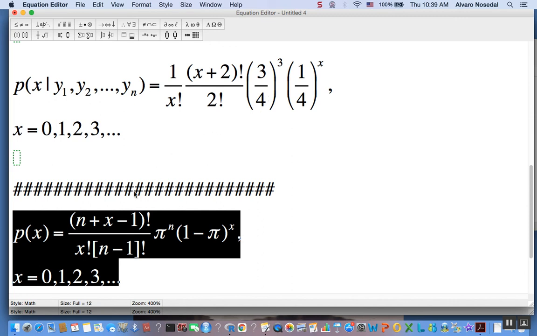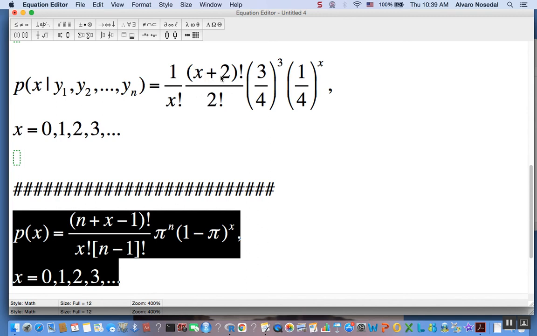We can check. If n equals 3, n minus 1 is 2 factorial, and then the sum of these guys, x plus n minus 1, is the same as n plus x minus 1 factorial.